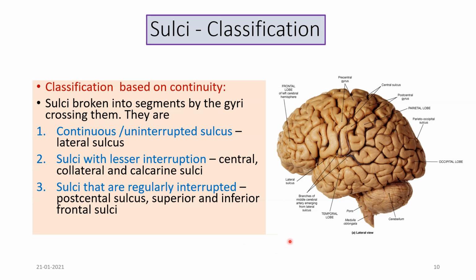So what are they? They are the post-central sulcus, which is parallel to the central sulcus. Then the superior and inferior frontal sulci, so in relation with frontal lobe. So these are the sulci that are regularly interrupted.